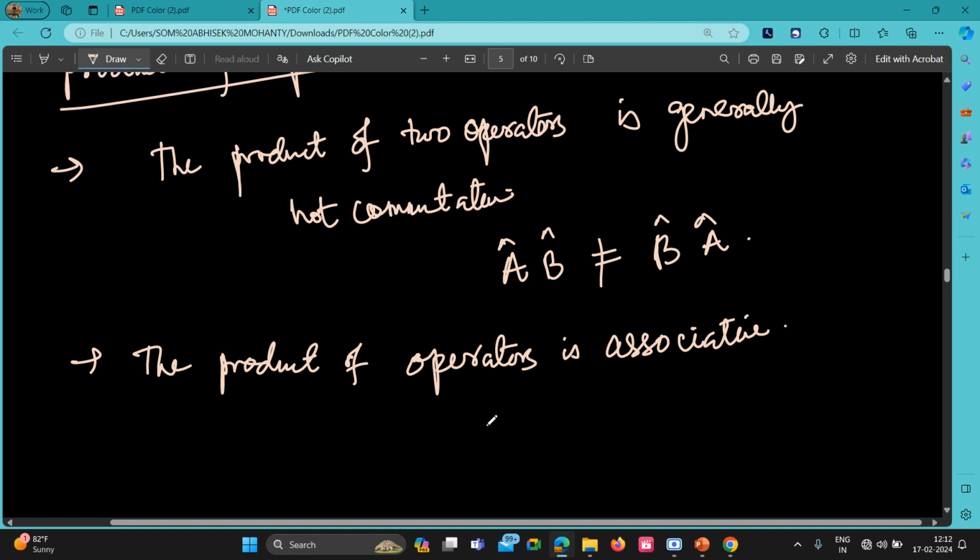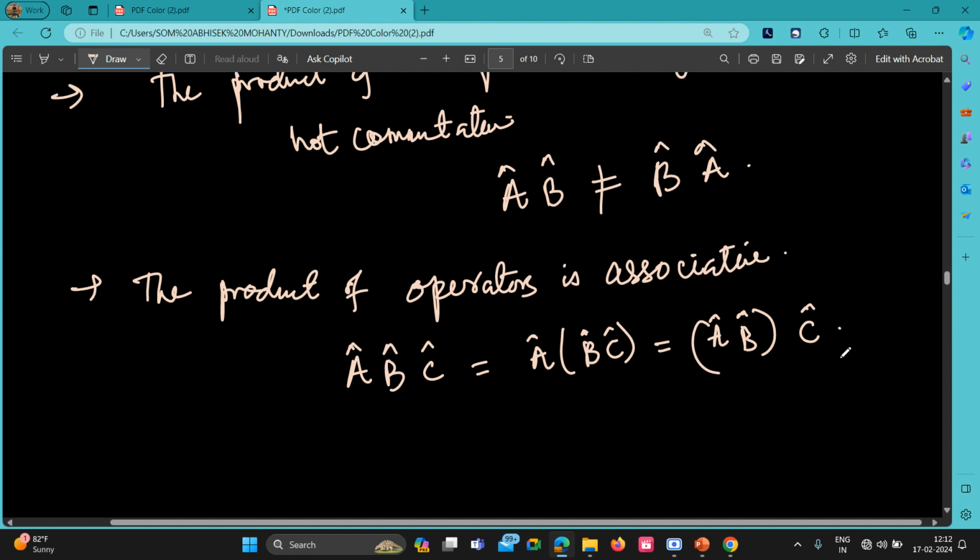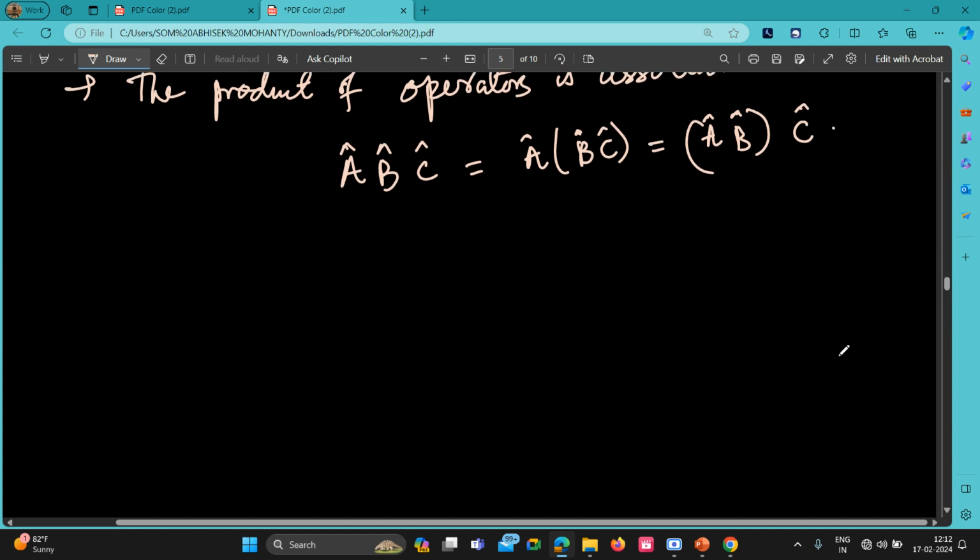Associative means, for example, if there are three operators A, B, C, I can write A acting on BC is equal to AB acting on C. Is it all right?